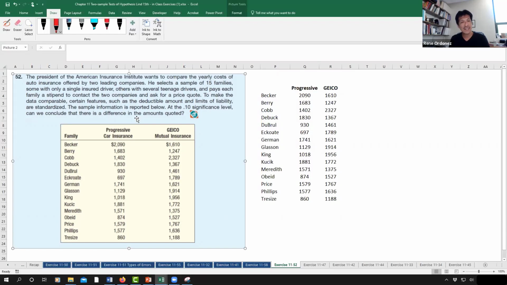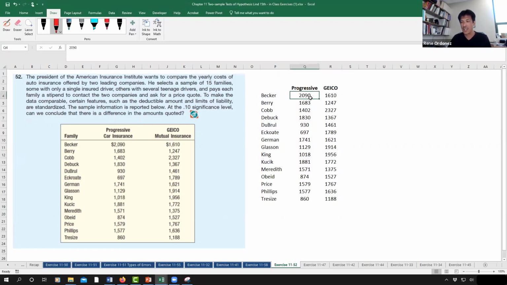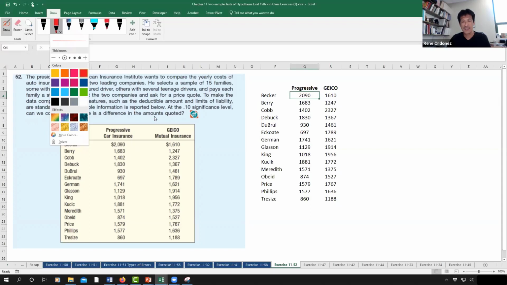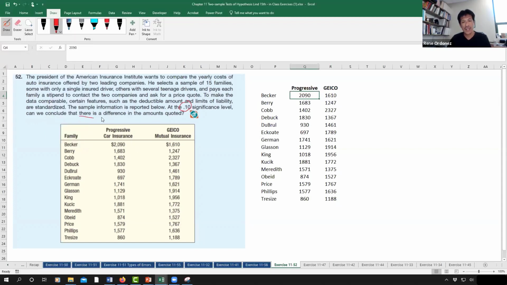To make the data comparable, certain features such as deductible amounts and limits of liability are standardized. The sample information is reported below. So here's the data which I have entered here. At the 10% significance level, can we conclude that there is a difference in the amounts quoted?